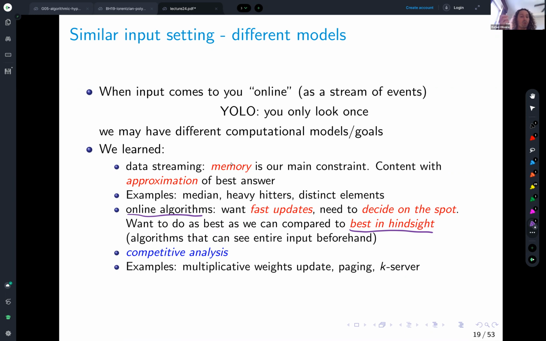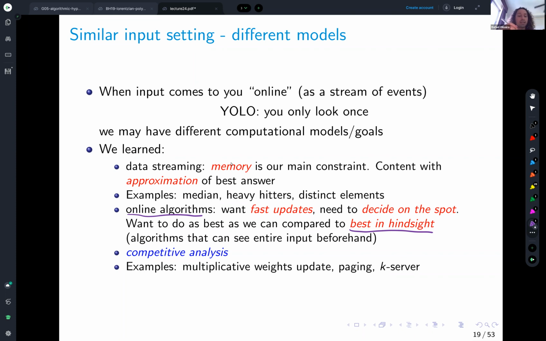That would be the golden goal, right? We may never be able to get close to a best answer, but we can compare ourselves to algorithms that can see the entire input. So you can see how those different models give you different goals.